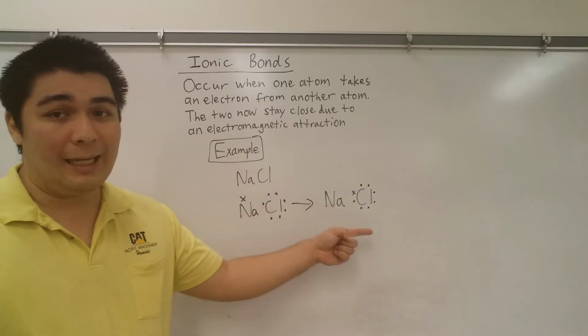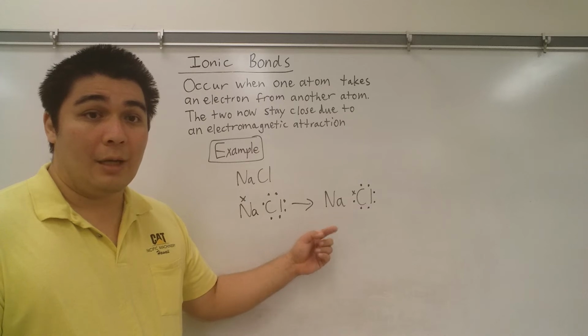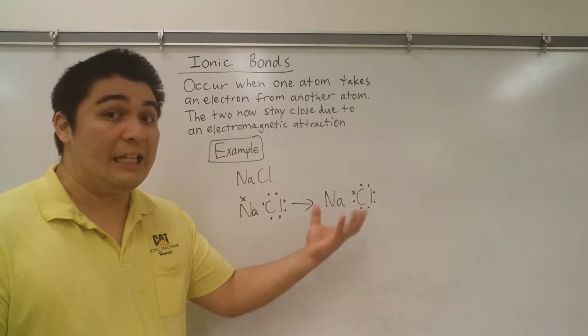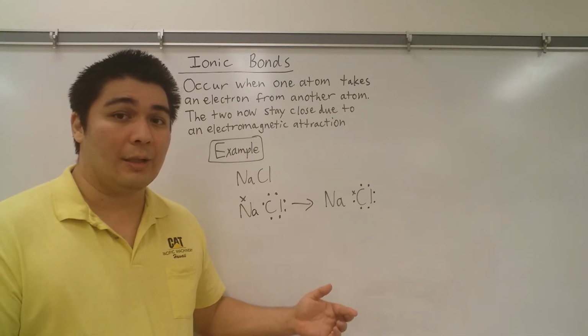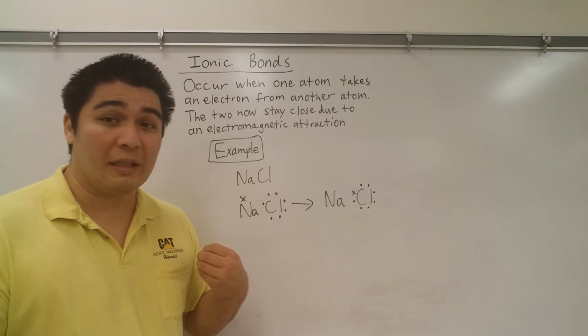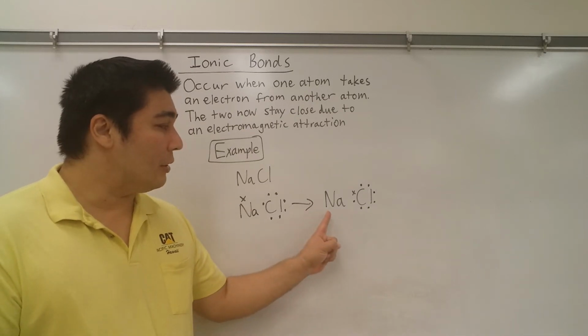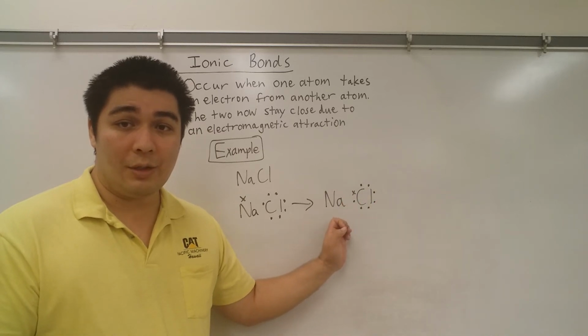So when you combine them, what happens is the sodium atom basically says, please take my electron. I don't want this valence electron. The chlorine atom, on the other hand, says, give me your valence electron. I want it. And so the chlorine atom basically rips the electron from the sodium atom.